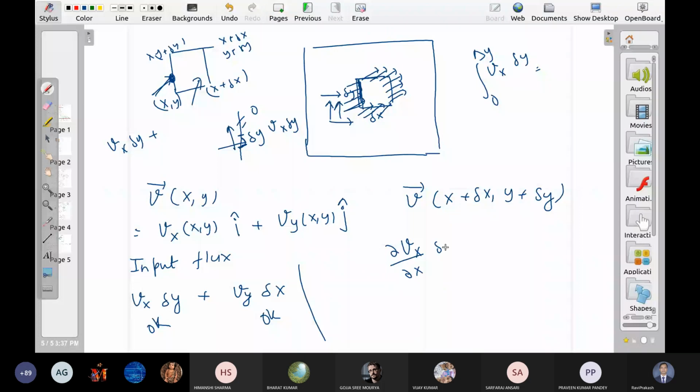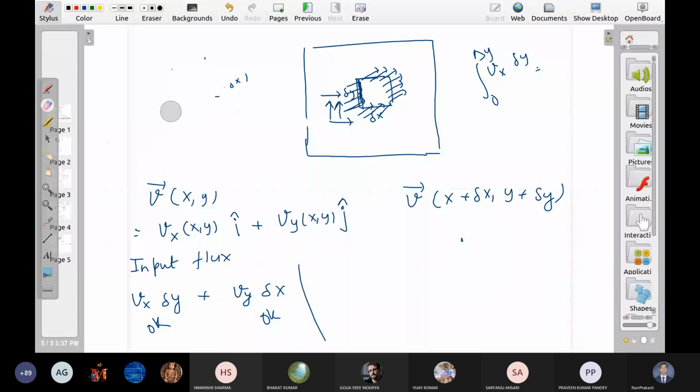Okay, right. Yes, yes. Okay, let's continue. I think calculations are right. Let us see. So this is the input flux.